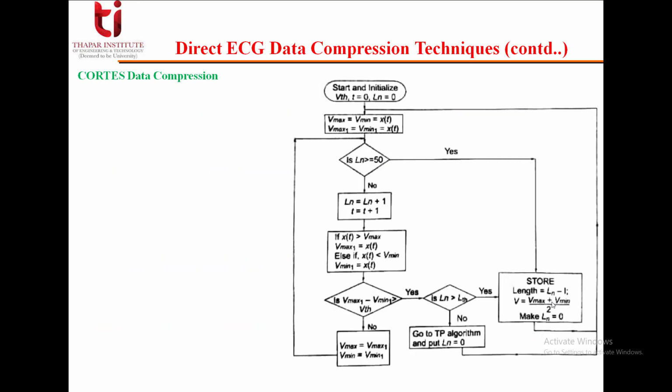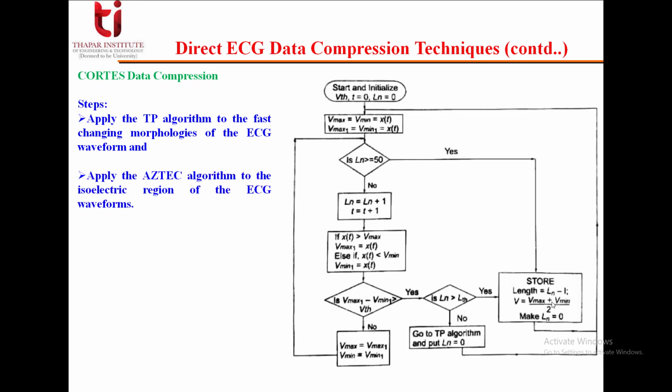So let's see the flow chart of CORTES data compression. First, we apply the TP algorithm to the fast changing morphologies of the ECG waveform, and then we apply the AZTEC algorithm to the isoelectric region of the ECG waveforms.